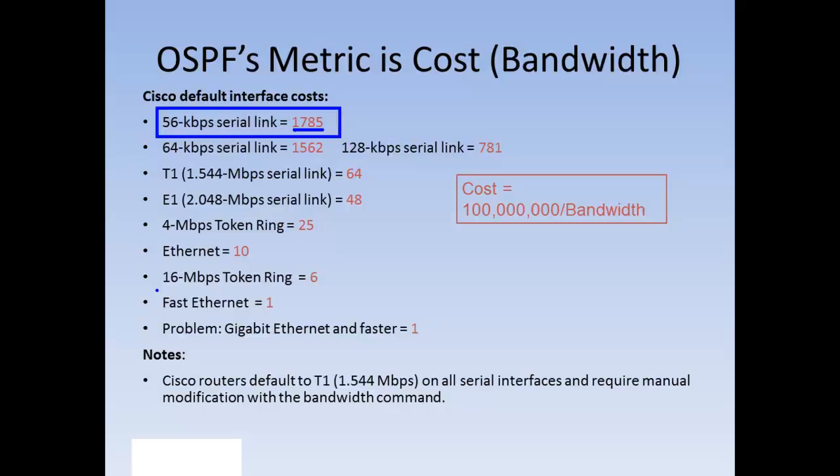For Fast Ethernet, by default OSPF considers the cost as 1. I will show you this practically when we go to the practical scenario. On a Cisco router, for any serial link, by default it considers a bandwidth of 1.544 Mbps. So 10 raised to power 8 divided by, this should be in bps.